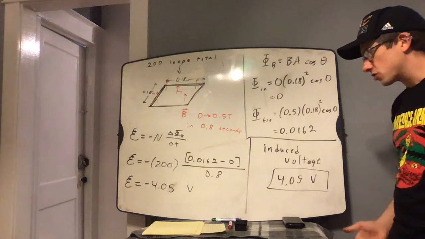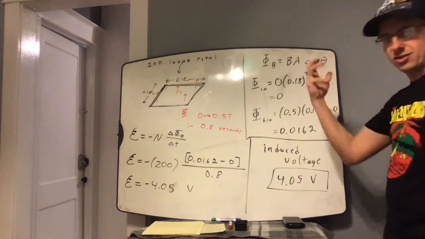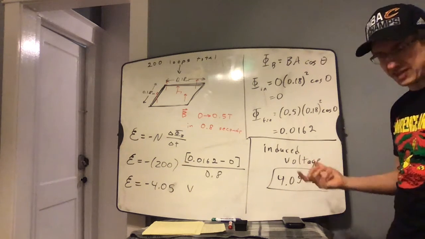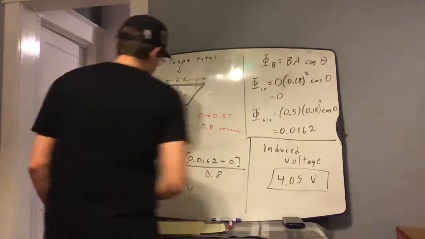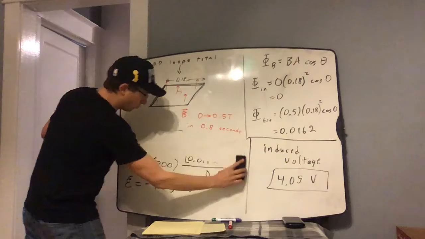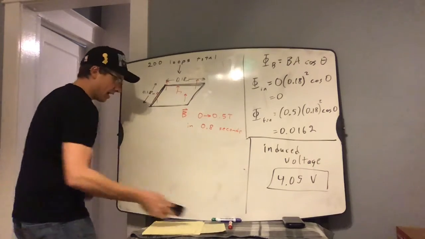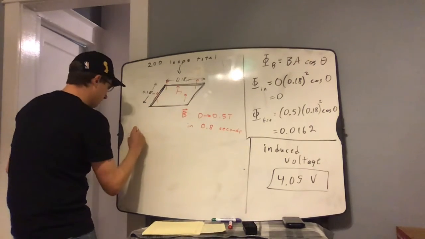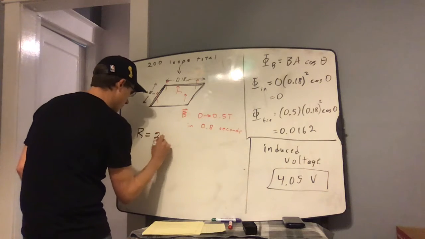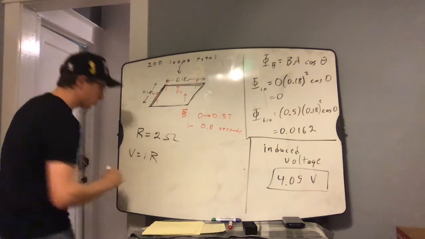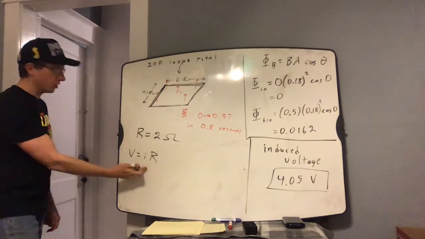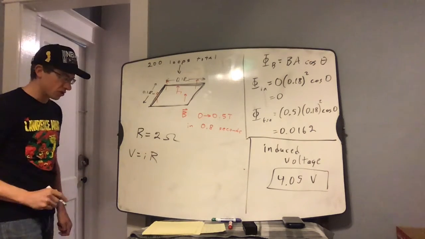Now the next part of this question says, if this loop has a total resistance of 2 ohms, what is the induced current? And in this part of the problem, all we say is, if we have a resistance of 2 ohms, then I just use V equals IR. The induced voltage will imply the existence of an induced current.